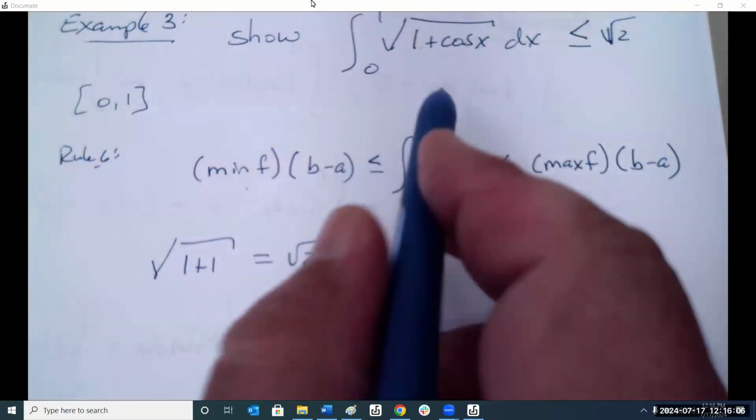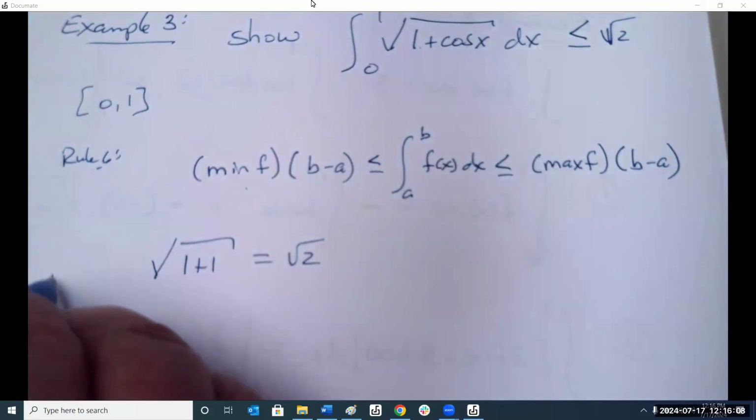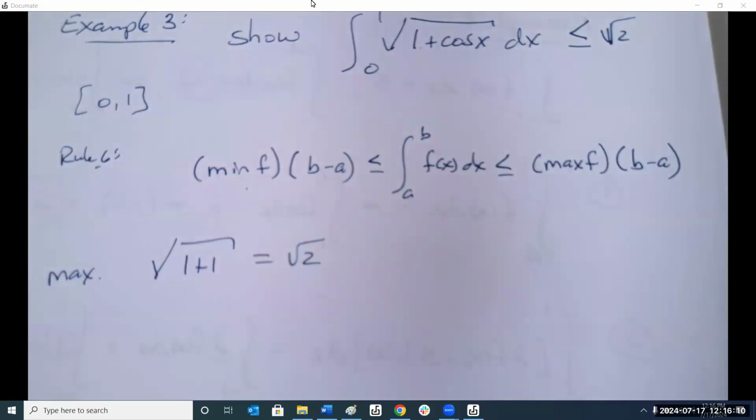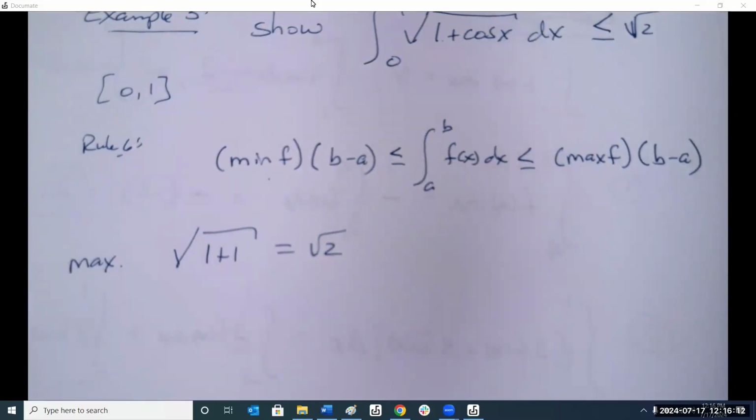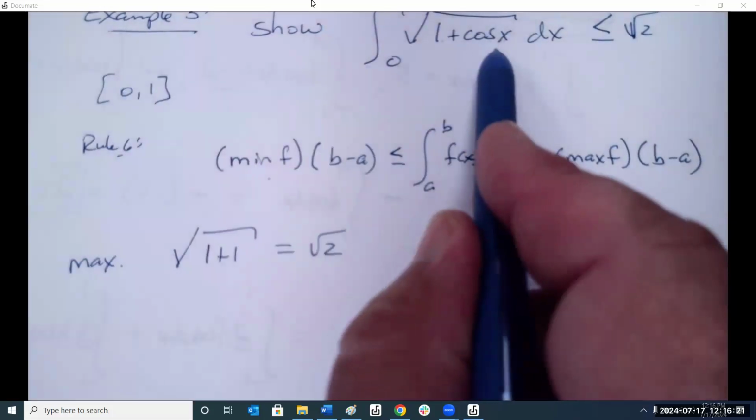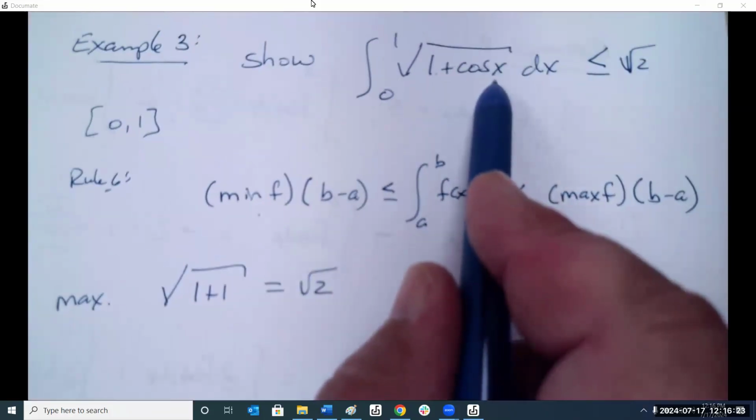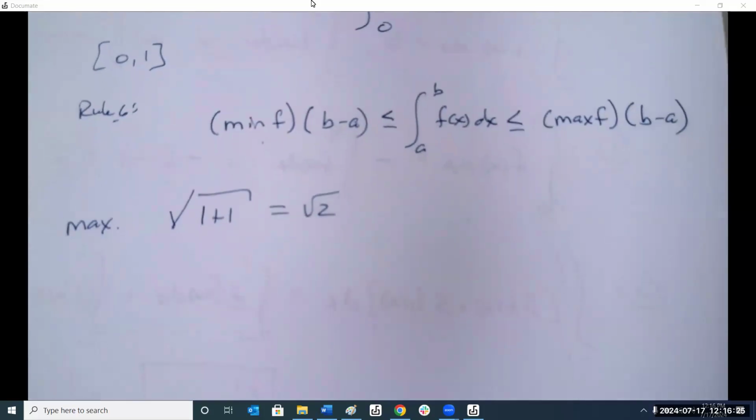And since that's the highest number cosine can be, this has to be the max. It really doesn't have a min because cosine of 1, we don't really know. That's radian measure.